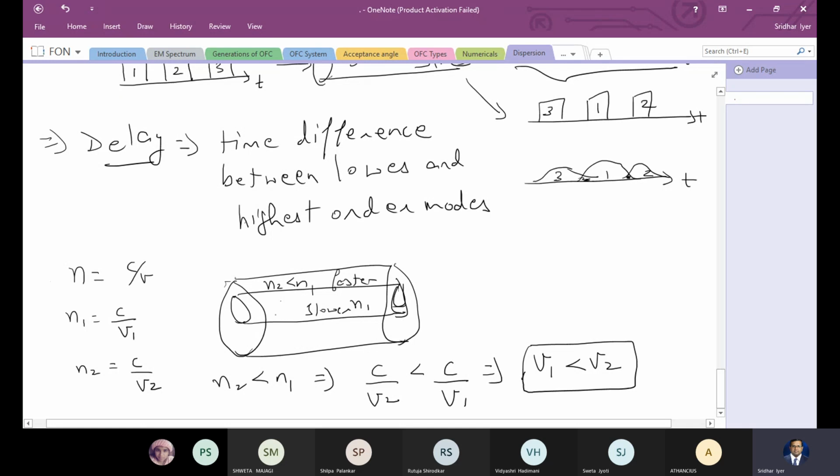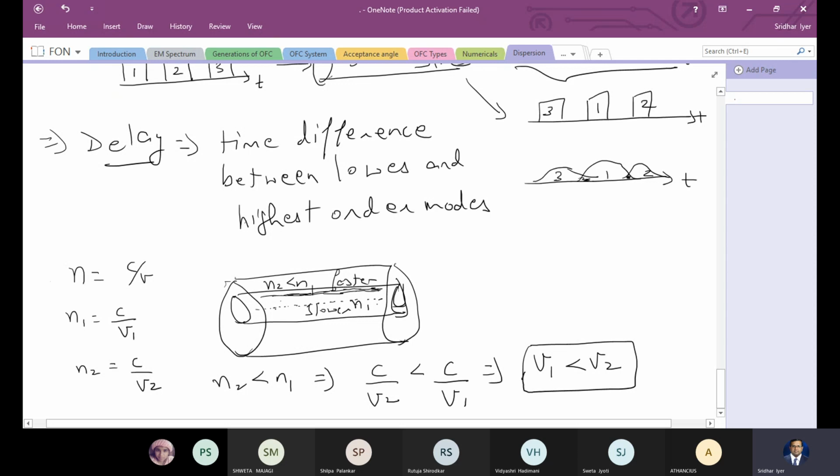The modes which are closer to the cladding, pay attention to where I'm shading, will travel faster compared to the modes, look at the dotted line, which are inside the core of the fiber. They will be slower, right?